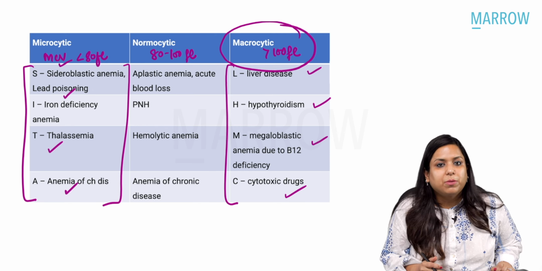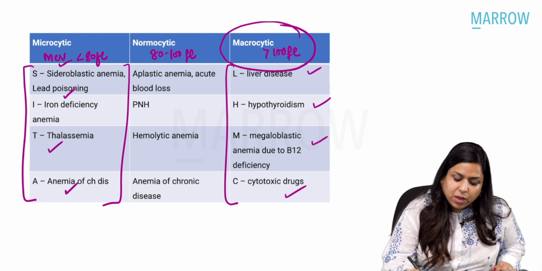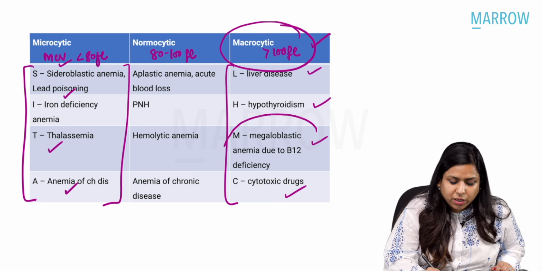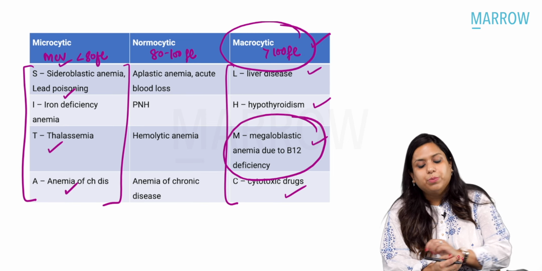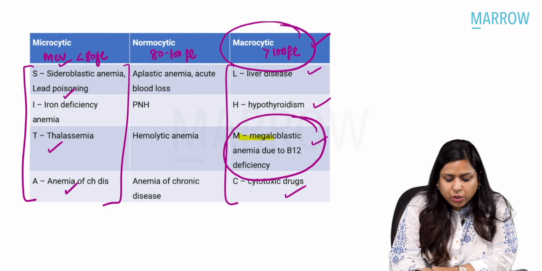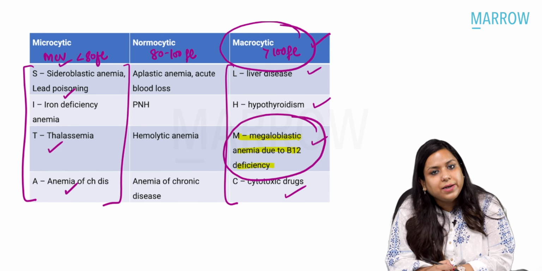So you have to remember about these things. In this question, because the MCV is 110, more than 100, the answer is going to be megaloblastic anemia due to B12 deficiency, right?